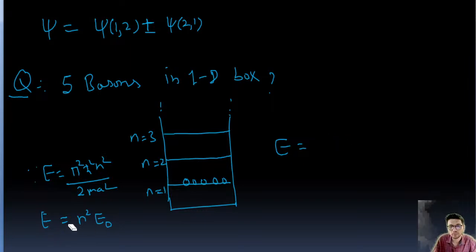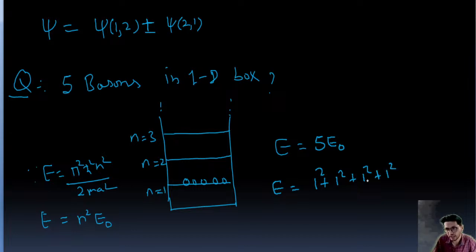Why 5 E naught? Because 1 square plus 1 square plus 1 square plus 1 square plus 1 square, 5 times, into pi square h cut square upon 2 m a square, is equal to 5 E naught.